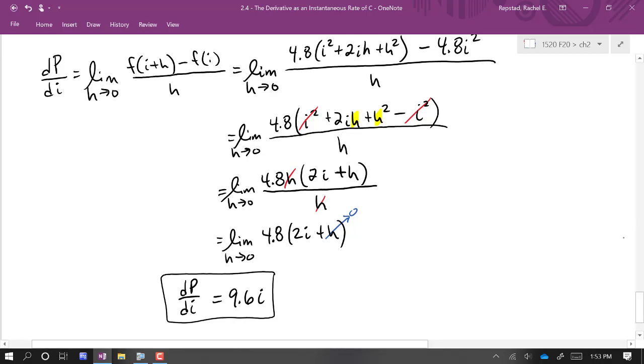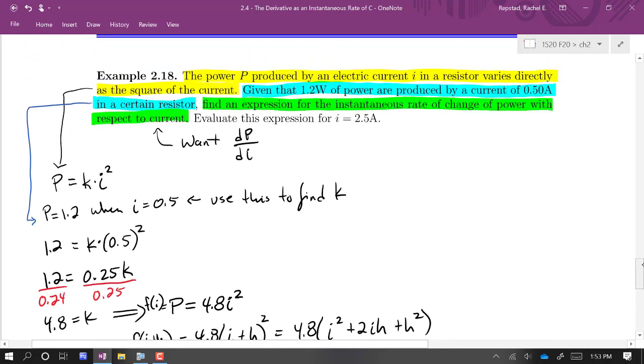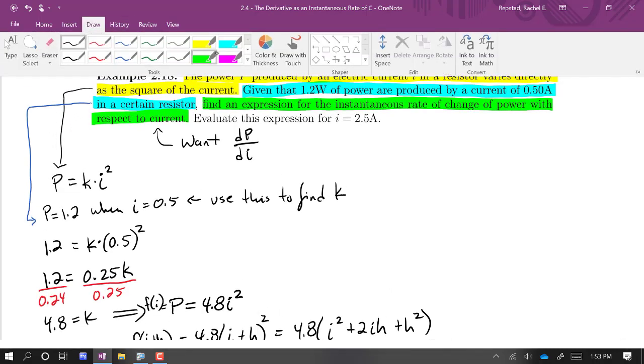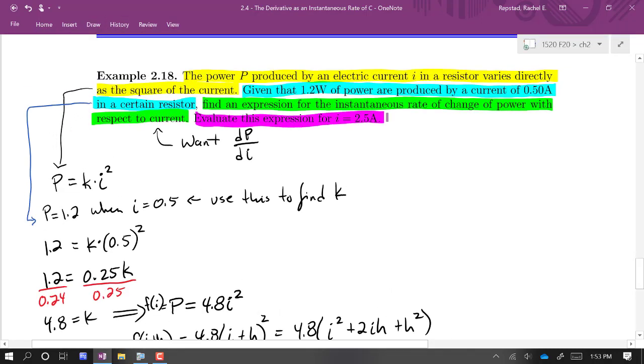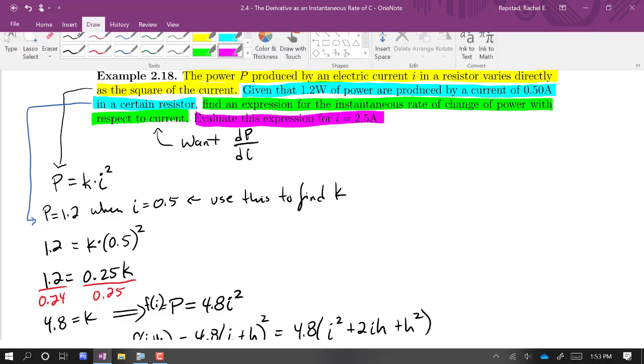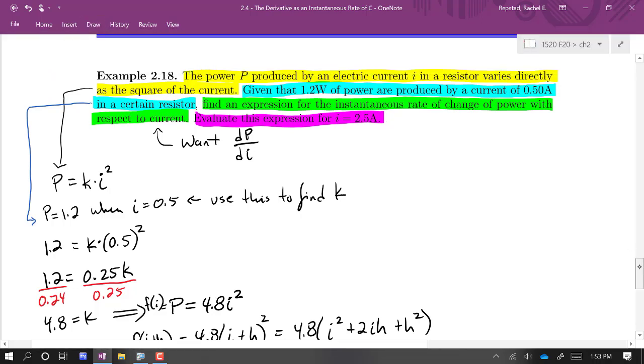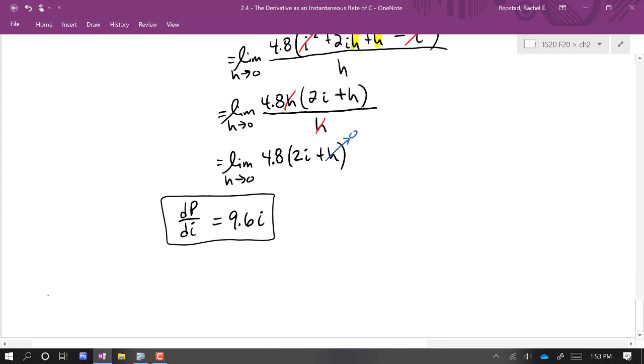The last thing this problem asked us to do was to evaluate this expression for I equals 2.5 amps. So let's do that. 9.6 times 2.5 gives us 24.